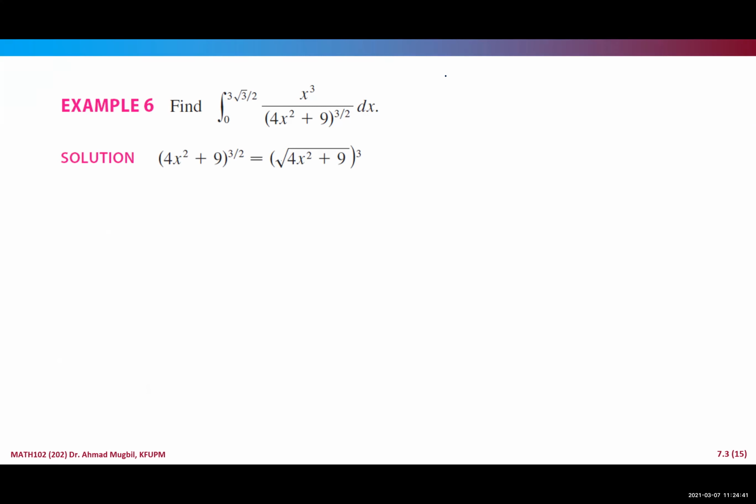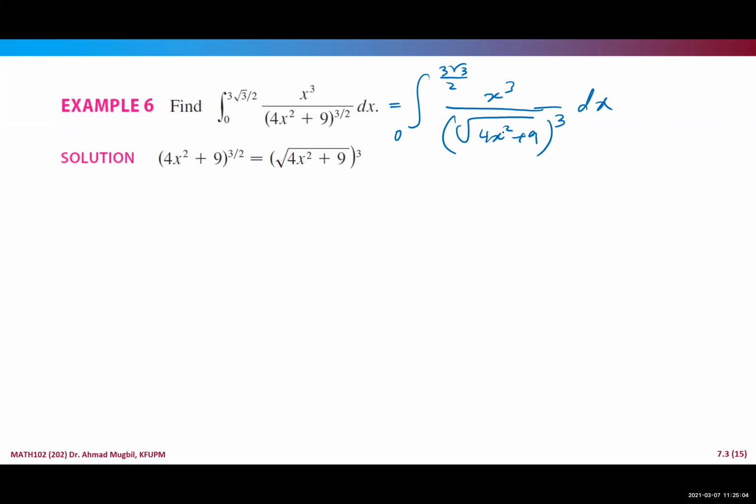So write it as a radical to the power 3. Now this integral will become like this: integral from 0 to 3 square root of 3 over 2, x cubed over square root of 4x squared plus 9 all to the power 3 dx. Now you need to think about the good or appropriate substitution for this integral.